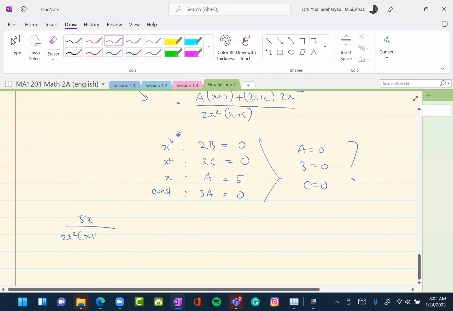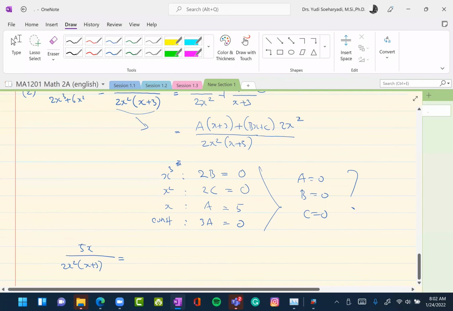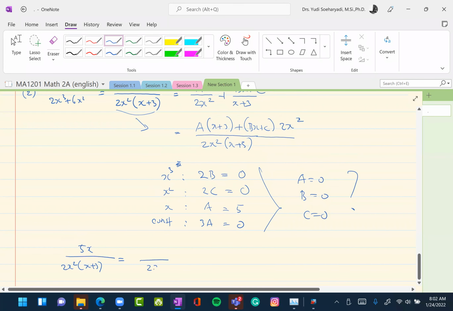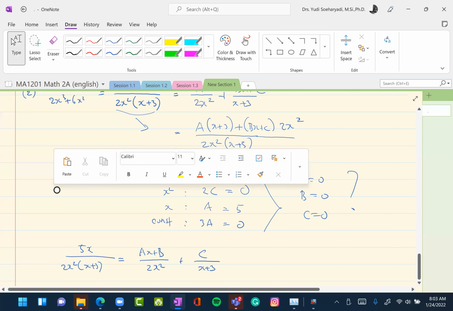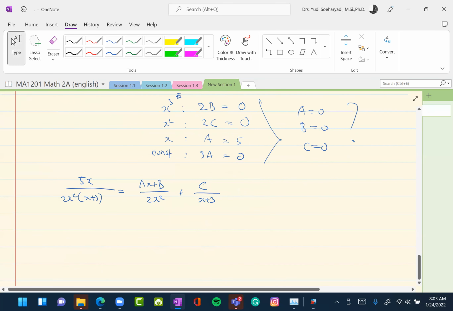Let's just do. You mean there? Okay. Why do you want to switch? So that there's no cube.